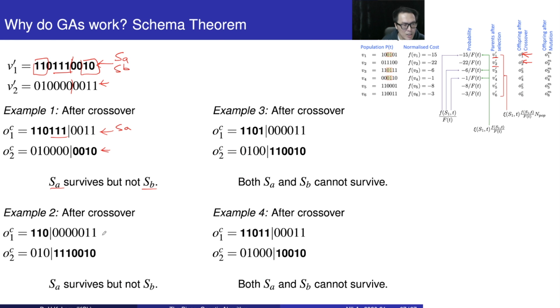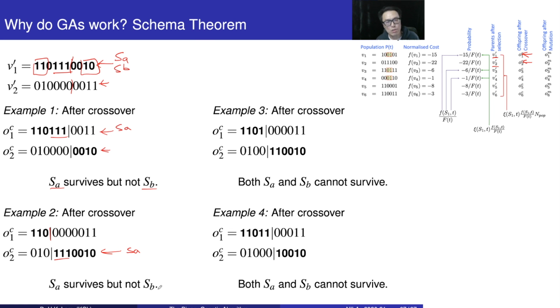Let's take a look at another situation. If we are going to choose the crossover point right here, we are going to do the swap after the crossover point. And in offspring 2, we will find that this is SA, and SA has a higher chance than SB.